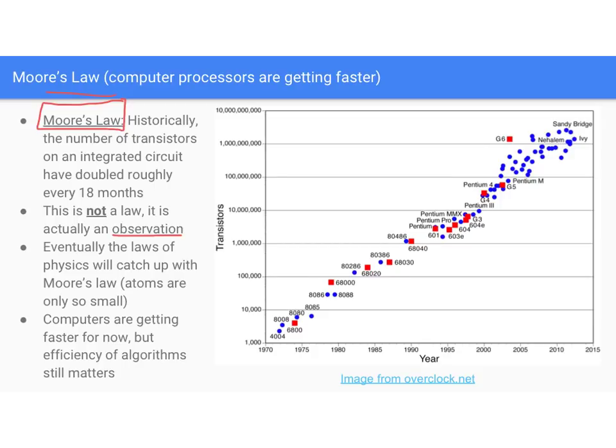What has been noticed from the 1970s to present is that computers are getting faster. In fact, they've doubled in speed about every 18 months or so. What that means is the iPhone in your pocket, because of all the doublings in speed that have happened since 1970, the iPhone or the Android phone that's sitting in your pocket right now is way faster than the computers I used when I was growing up.